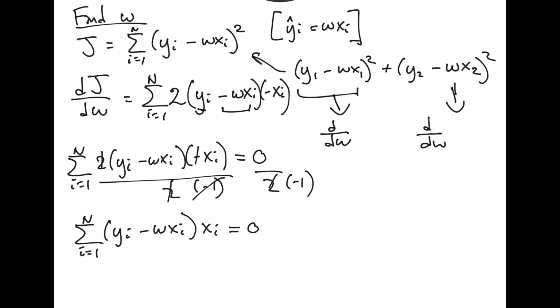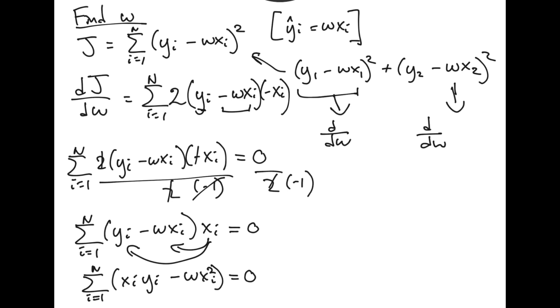At this point, we can multiply out the x sub i. So we're going to multiply x sub i to this and x sub i to this. This gives us the sum for i going from 1 up to n of x sub i y sub i minus w x sub i squared equals 0. And in order to solve this, we can split up the sum.